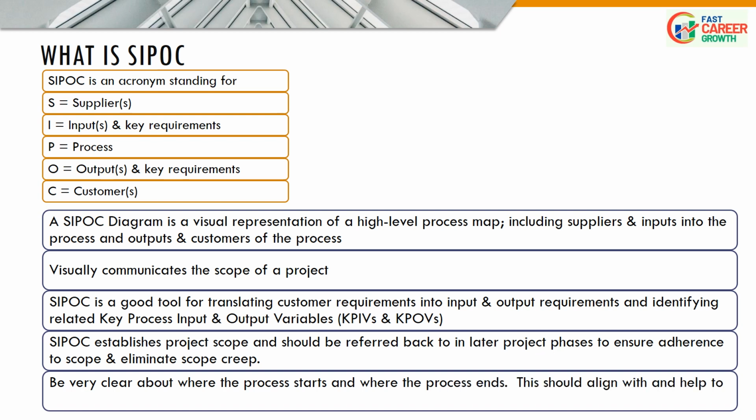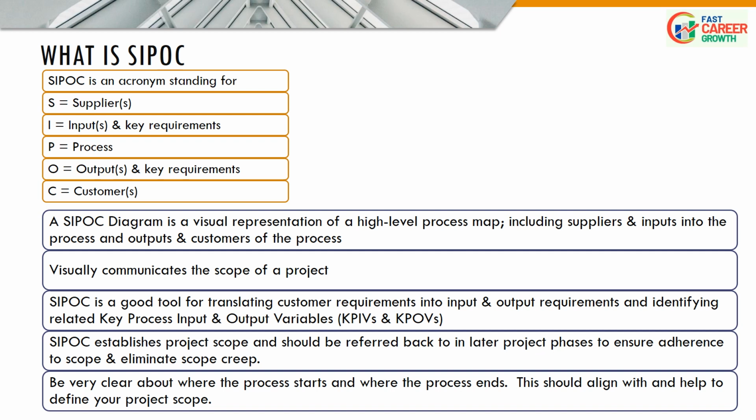This should align with and help to define your project scope. It is emphasized that it's crucial to be clear about where the process starts and where it ends. This clarity aligns with and helps define the project scope. Knowing the exact boundaries of the process ensures that improvements and changes are targeted and effective.